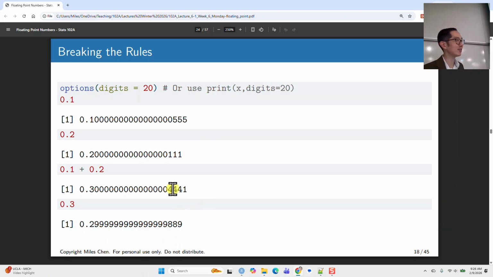That feels weird, because if I gave you these numbers on a piece of paper and asked you to add them up, you would get something like 166. And then if you ask what 0.3 is on the computer, it says it's 0.299999889. So something weird is going on.